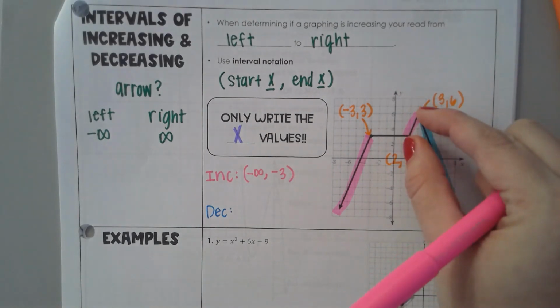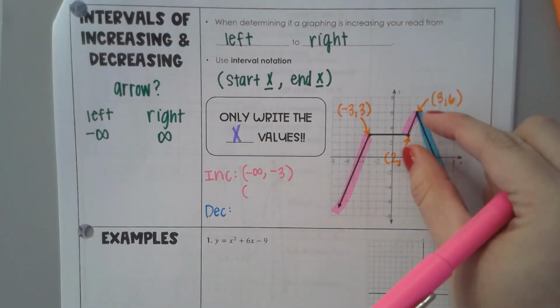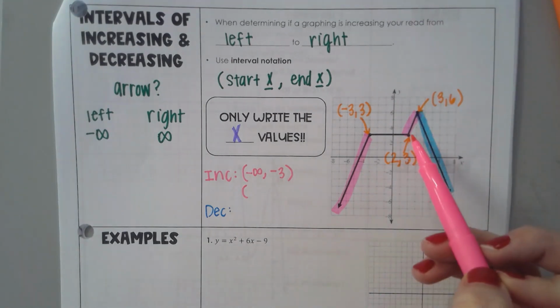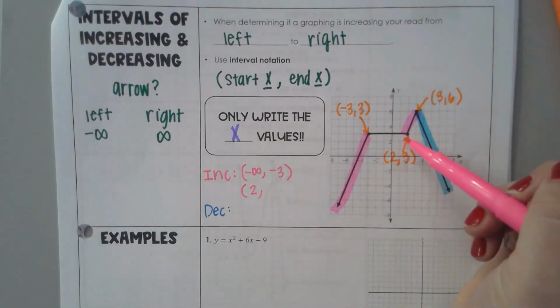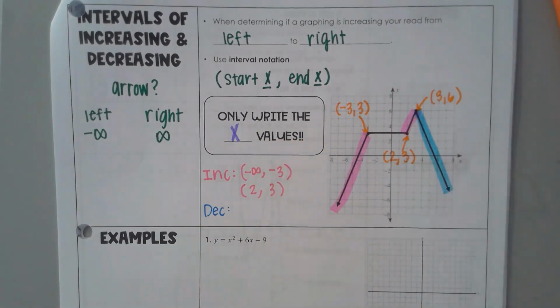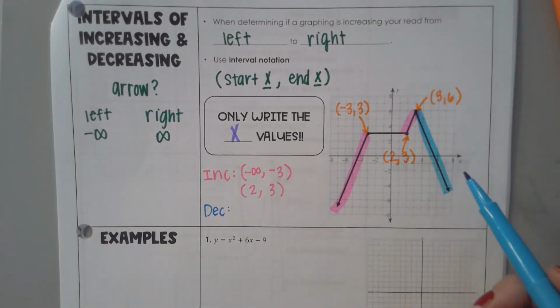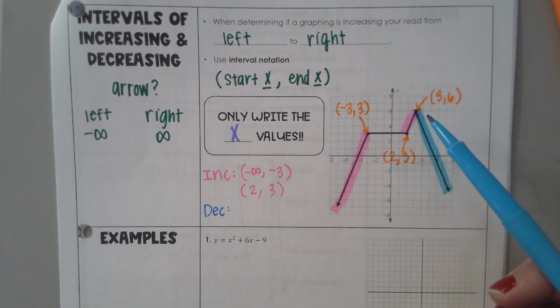Then we have another section. Where does that one start? It starts at 2. The x value is 2. And then it ends at the x value of 3. And then this last one I have is decreasing. So where does it start decreasing? 3.